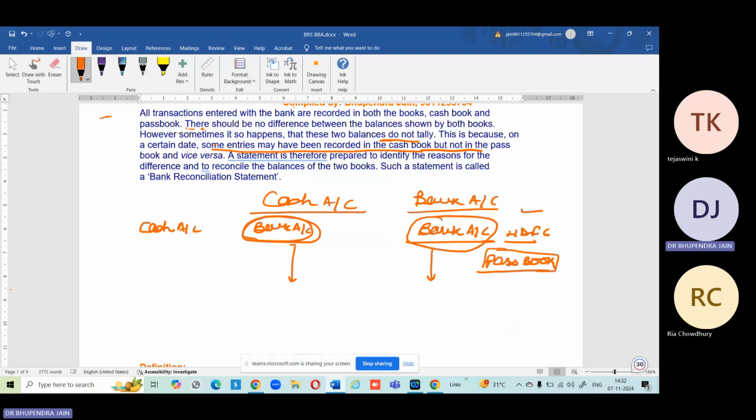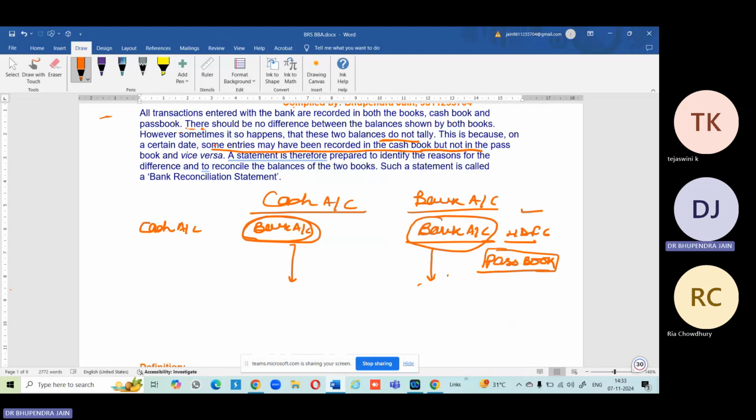Since the balance is not matched, we have to first identify what are the causes behind the mismatch of the balance of the bank account as well as the passbook. To identify, we have to prepare one statement. This is called bank reconciliation statement.